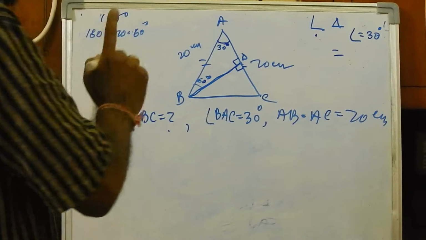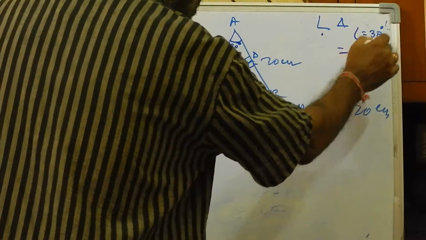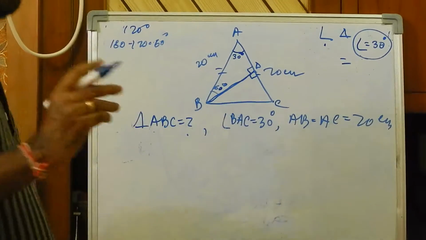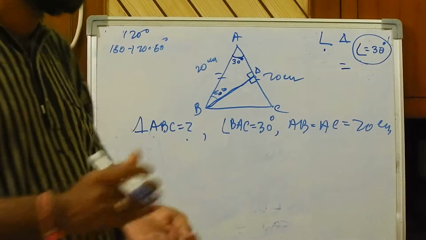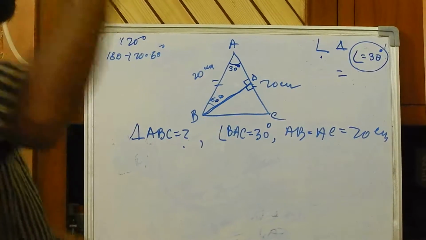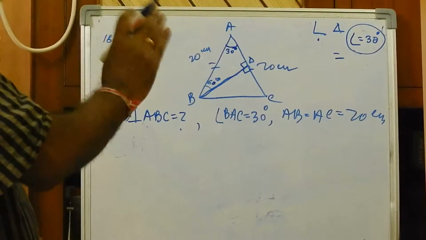Again I repeat, in any right angle triangle where one of the angles is 30 degree, 90 degree was already one because it is a right angle. So 90 plus 30, 120, then the other angle will obviously be 60 degree.